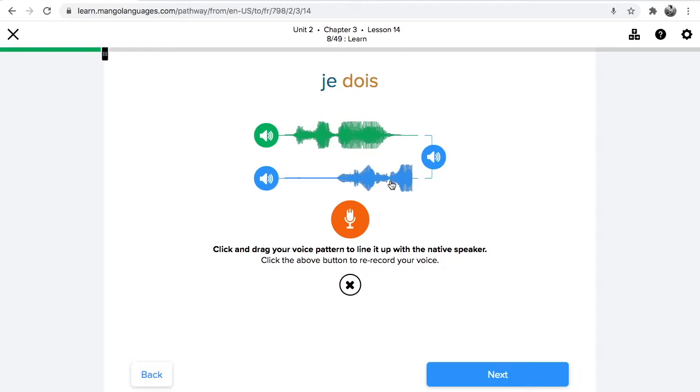Then you can drag the little frequency right here to match up with that one. As you can see, it doesn't really match up perfectly, but then you can play it together. Je dois. And you can see and hear where it works, where it doesn't, where you need to improve. It's just really cool because it really does help with learning how to use the intonation and the timbre of your voice to really get the accent down.